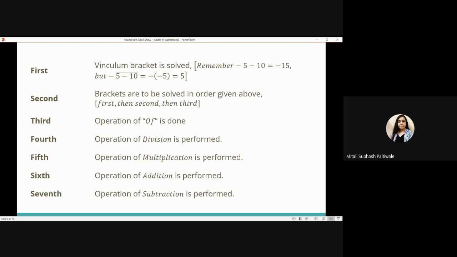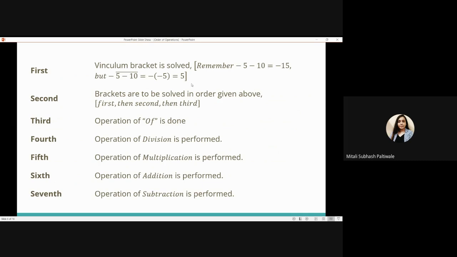Okay, now let's move on. As I was telling you, many times you might have seen bars or vinculum or brackets above the numbers. Now look at this. For example, minus 5 minus 10 are the numbers, which is equal to minus 15.